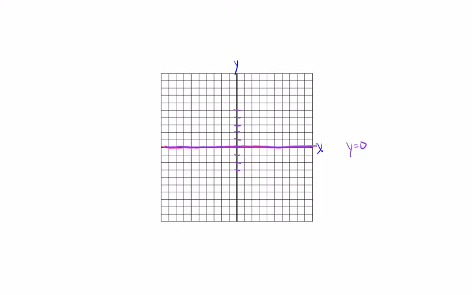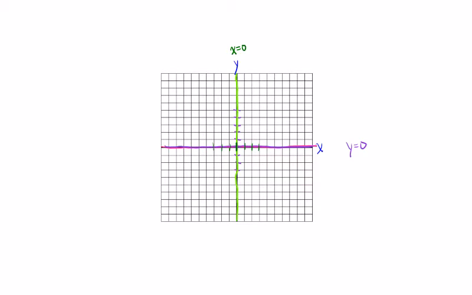What about the y-axis? Along the y-axis, what remains the same? If you said x equals 0, you're exactly right. Anywhere along the y-axis, x equals 0: 3, 2, 1, 0, -1, -2, etc. So if I want to find the y-intercept, I can just set x equal to 0, and I can figure out what y is equal to for that particular equation.